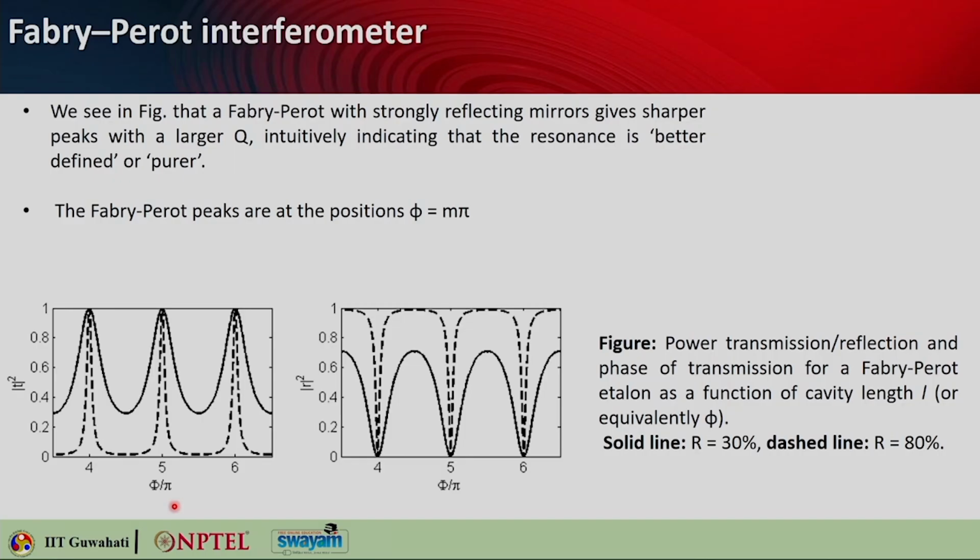So, 5 pi gives you an idea of what the cavity length will be, because this value is changing, fine. But always remember that the resonating peaks will appear at phi equals m pi locations, where m is an integer, fine.